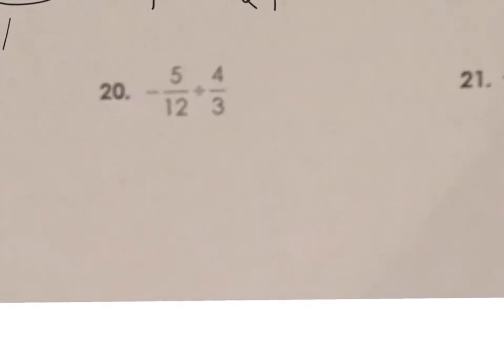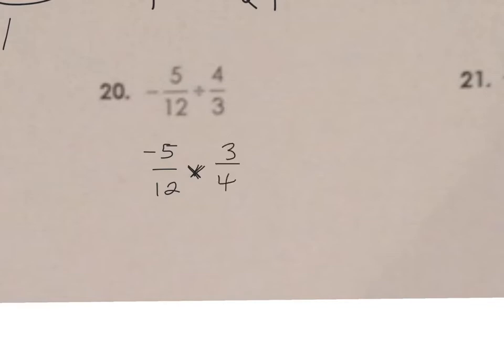Number 20. On 20, I've got negative 5/12 divided by 4/3. So what I would do here is I would once again bump this up to the top. Now remember, when we divide fractions, we keep and we change to multiplication, and then we take the reciprocal.